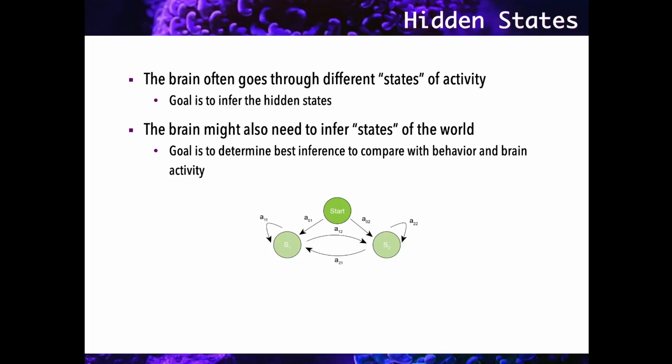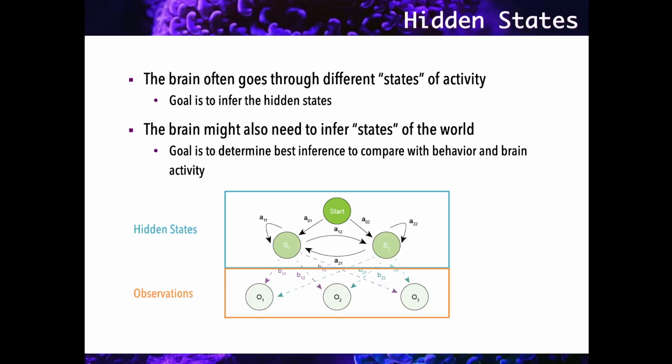But most of the time, these transitions between states are hidden because we don't know where the states are in our data. What we actually have is a series of observations that we make in our data, and the sequence of transitions between these different observations. So what we have is hidden states and observations.